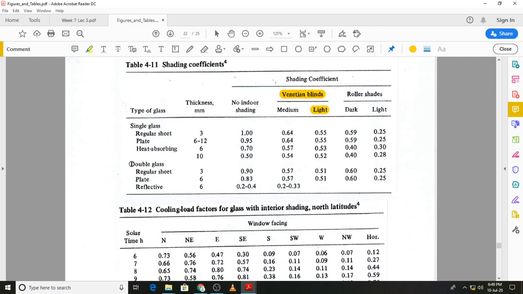We have double glass in terms of the construction, and the glass sheet is regular sheet glass, so that is chosen. So you could have double glass, but that glass sheet itself could be of three types according to this particular table. It could have been regular sheet glass, it could have been plate glass, or reflective glass. We now use this information to find out the value of the shading coefficient.